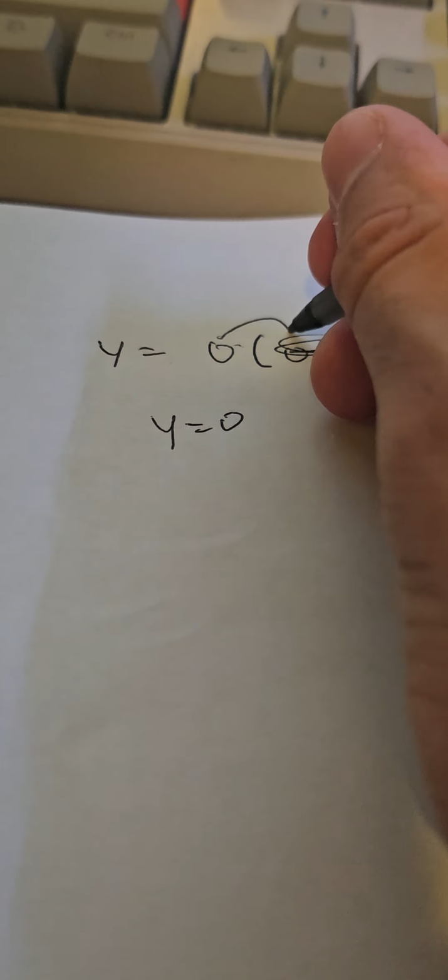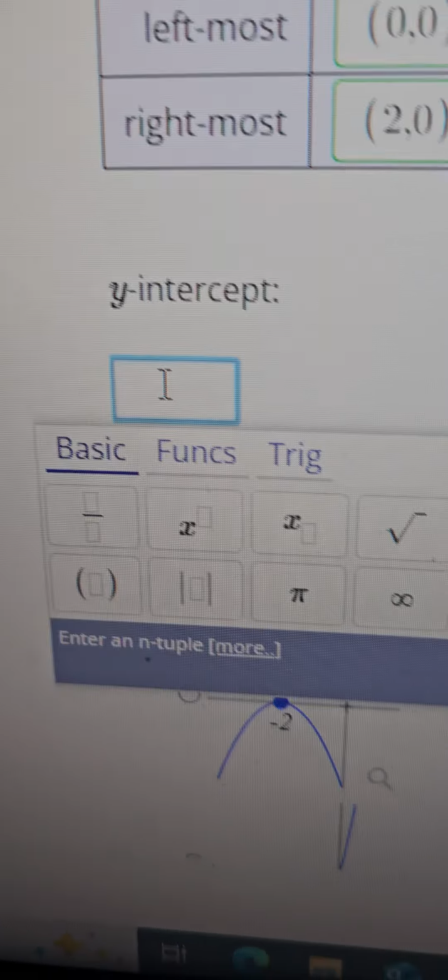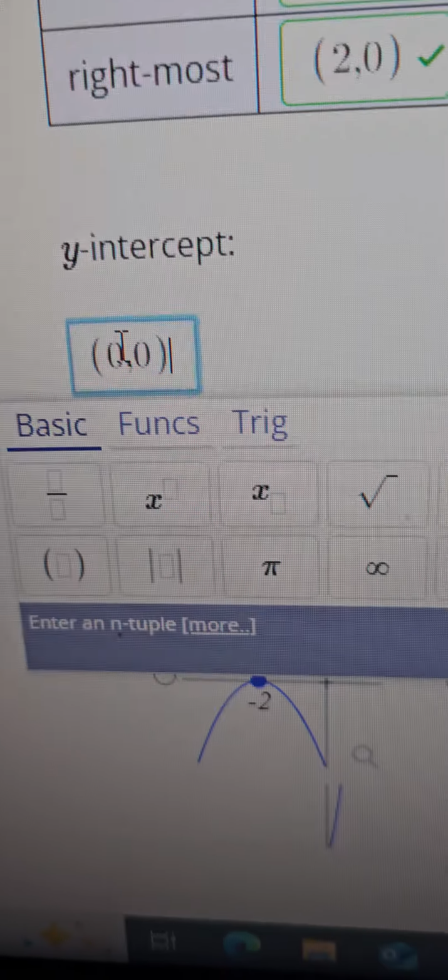So it would just be y equals 0, because whatever this whole thing is, it doesn't matter because it's times 0, and anything times 0 is 0. So the y-intercept is 0 comma 0 as well. Let's do that real quick. 0 comma 0. Boom. Got it.